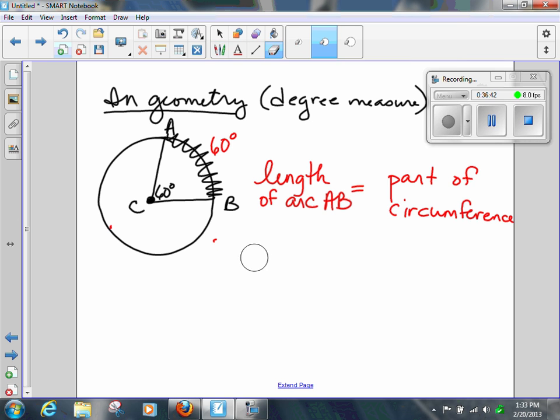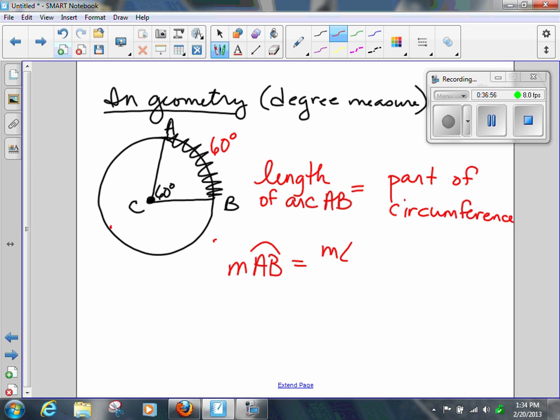let's do this. The measure of arc AB, you remember that notation from geometry? The measure of the arc AB is equal to the measure of angle ACB divided by 360 times 2 pi r.